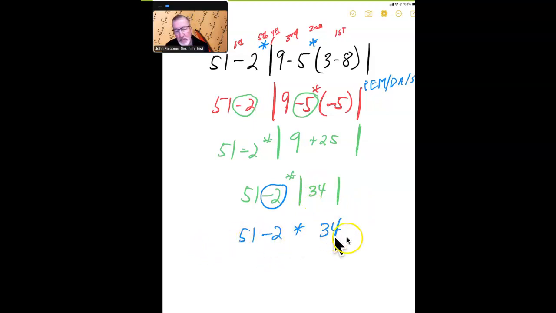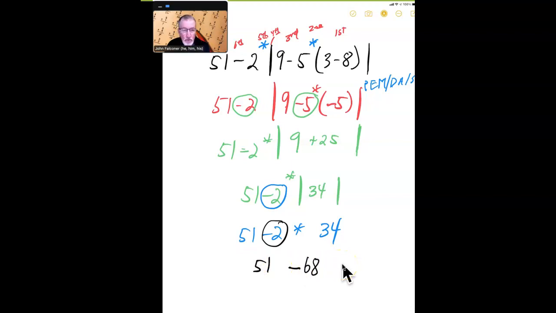So that's the step here. 51 minus 2 times 34. Remember, we do multiplication before subtraction or addition. So negative 2 times 34 is going to give us negative 68. This is a positive times a negative number, gives a negative result. And then we bring down the 51. And so we have a positive 51 minus 68.